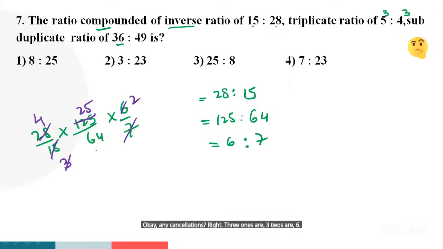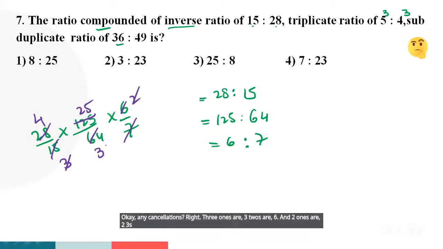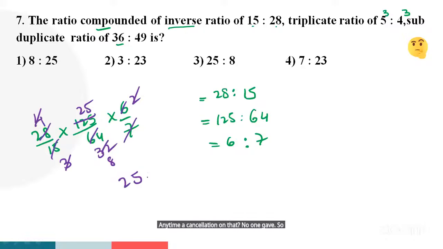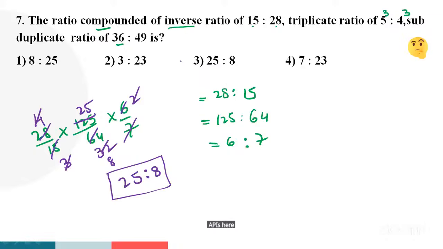And 2 ones are 2, 2 threes are 6. Any more cancellation? 4 ones are 4, 4 eights are 32. Any more cancellation? No. So the numerator is how much? 25. The denominator is how much? 8, guys. Then the answer is 25 is to 8, guys. Yes, very good. Somebody is saying the answer. Excellent. Clear, guys, all of you?